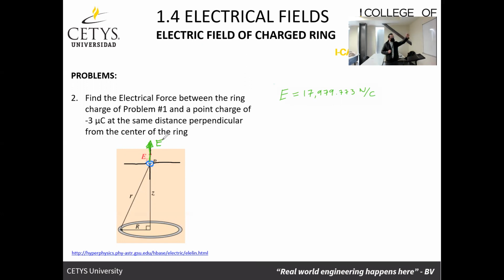And so there's going to be a force. In this case, is the force going to be of attraction or repulsion in the charge? Attraction. It's going to be attraction, correct? Because in the previous problem, the ring said that the charge was positive. So the ring has a positive charge. This has a negative one. So there's going to be an attraction force going downwards.